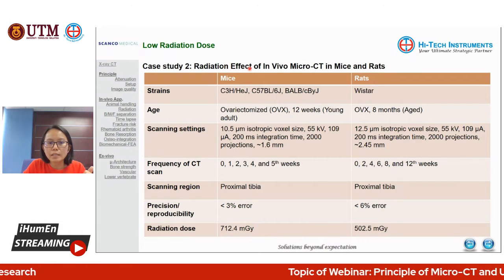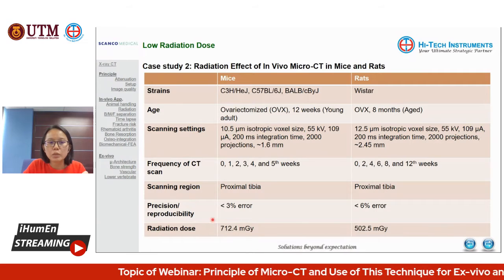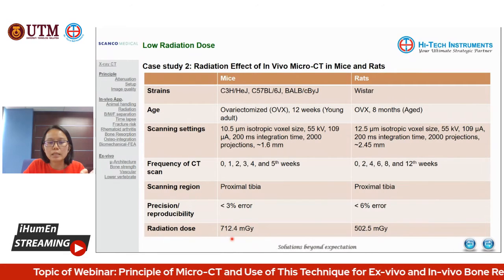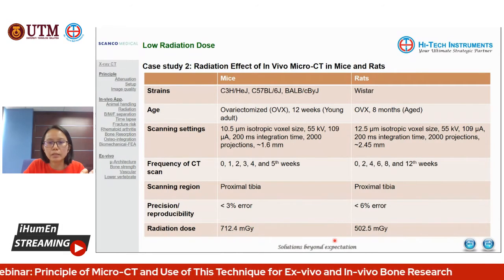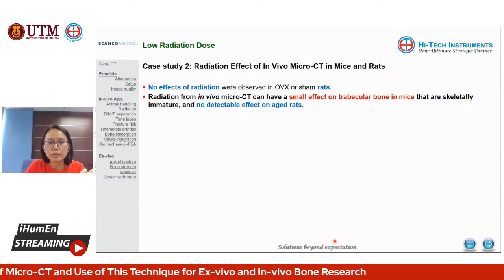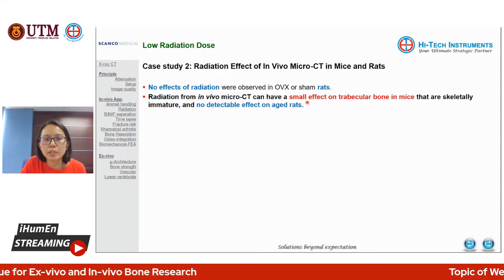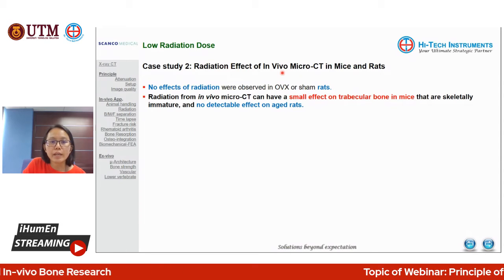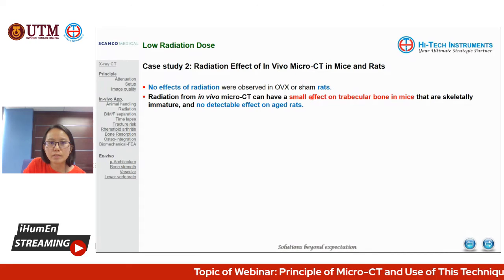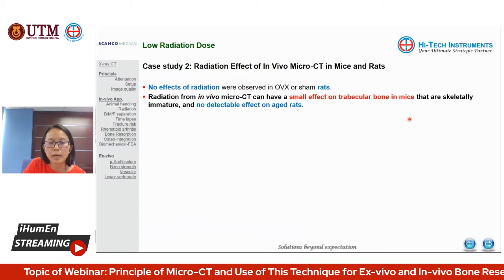For mice, because of the smaller body size, you can see the radiation dose is higher compared to the rat. In the observation, there is no effect of radiation observed in OVX or sham intact rats, whereas there is some small effect observed in mice.